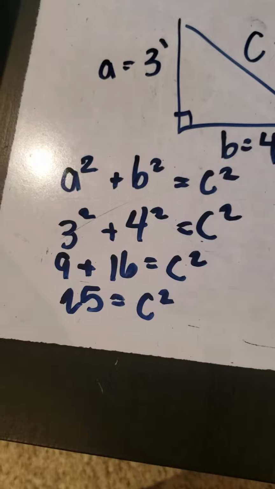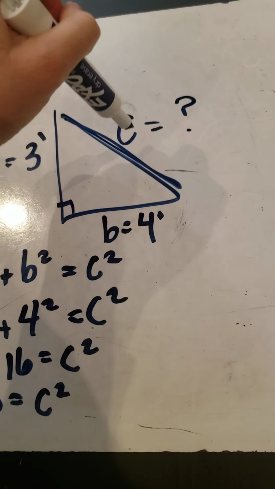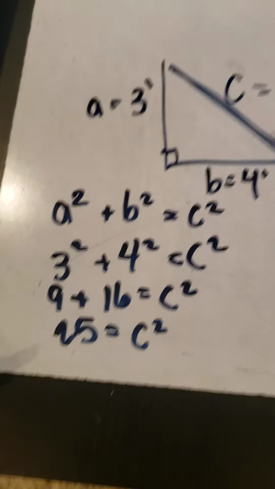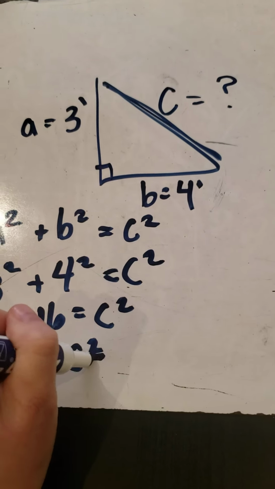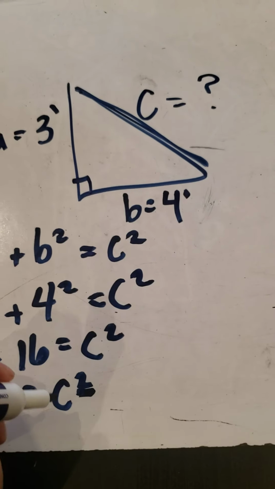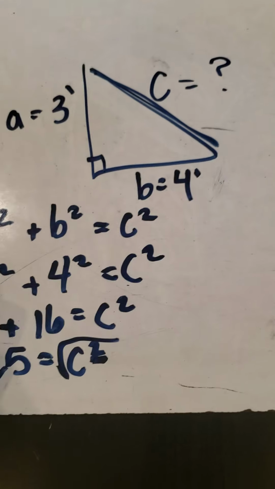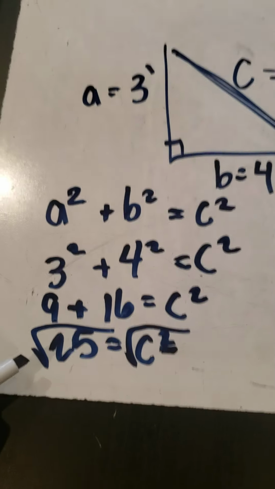Now, that's not the actual length of side C, because this is c, not c squared. So to find the actual length of c, we would need to get rid of that square up here. To do that, we do the opposite, which is the square root. What you do on one side, you have to do to the other.